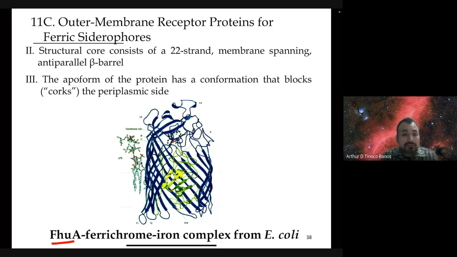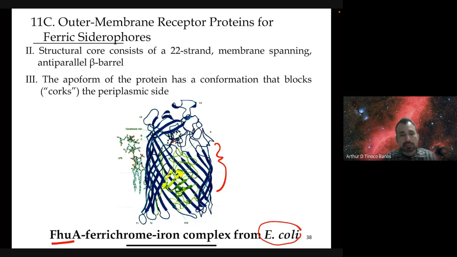FhuA, the ferrichrome iron complex. So you have this transporter, or receptor, that will recognize the iron siderophore complex, coming from E. coli. The structure of that protein consists of 22 strands, is membrane spanning, and is an anti-parallel beta barrel. So that's the structure that you see here.